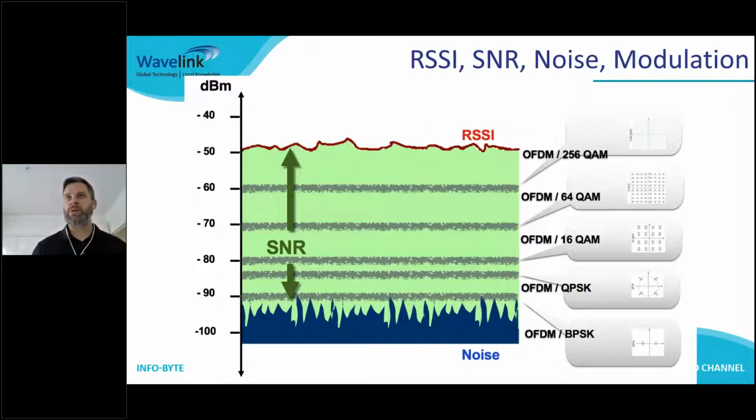If we have slower modulation, we have slower bandwidth. Therefore, the user experience may differ greatly. If they're right on the cusp of the range of the access point, down into negative 75, and then a little bit lower, getting into OFDM, QPSK, well, they're going to be connecting at quite a slow speed. Get close to the AP.